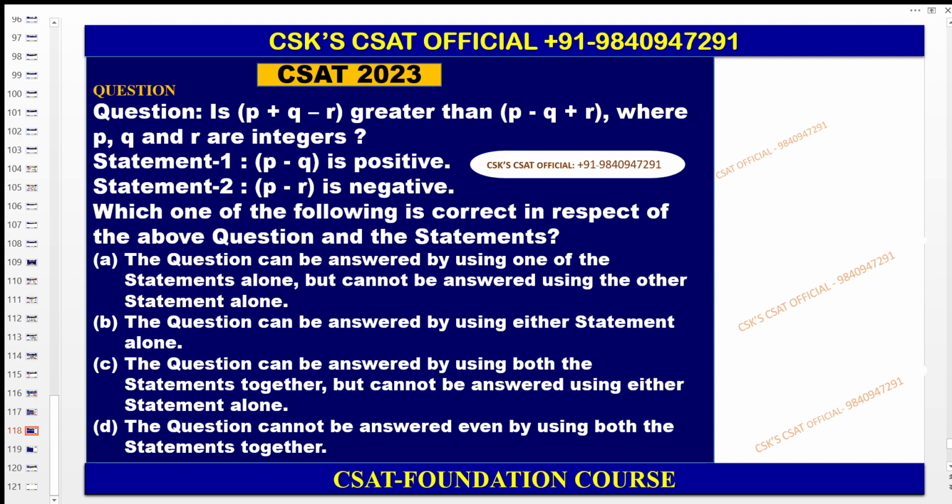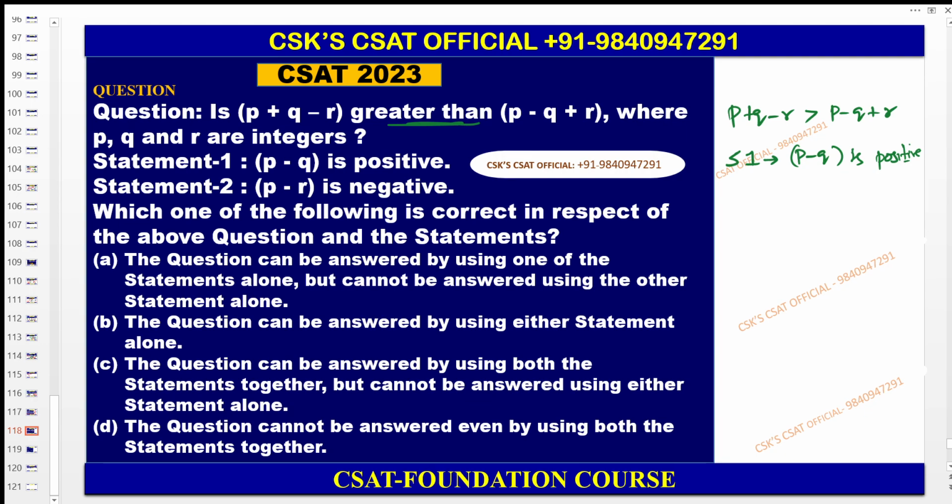When you are facing this kind of data sufficiency question and are not able to answer, leave that one, don't waste your time. Now go with the statement number. See, don't check here whether it is greater than; that is the condition: p plus q minus r greater than p minus q r plus r. Now listen very carefully, statement number 1 not sufficient. With this itself you can directly say there is no detail about r. Is there any detail about r?